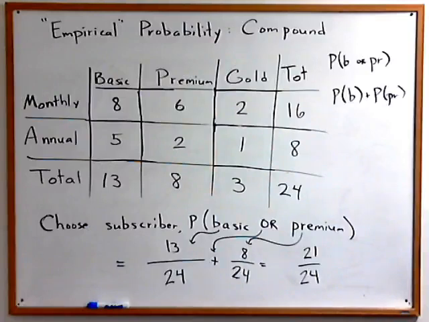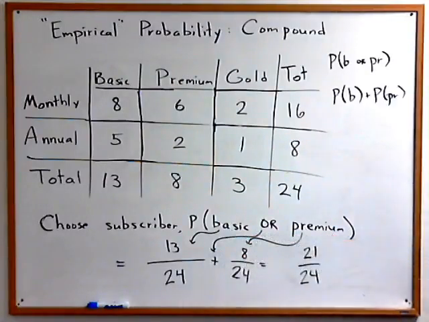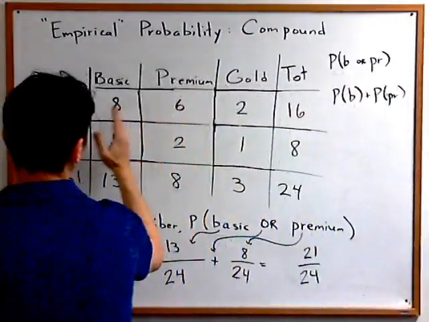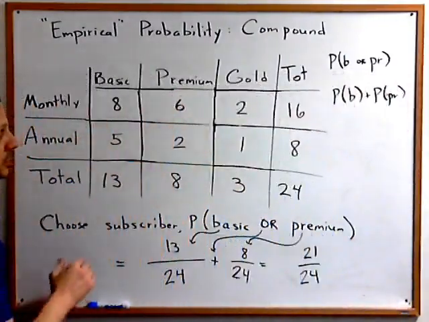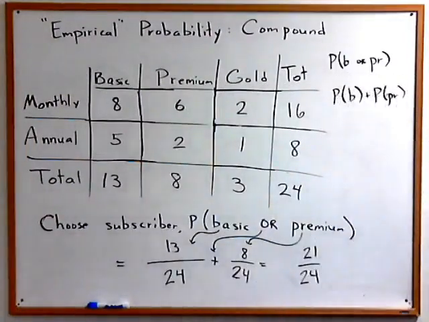Now I need to draw your attention to something really important about this last example, and that is the basics and the premiums are two completely different columns. They don't overlap each other. They're completely separate and distinct. Again, there's a fancy word for that. It is mutually exclusive, or sometimes called disjoint.